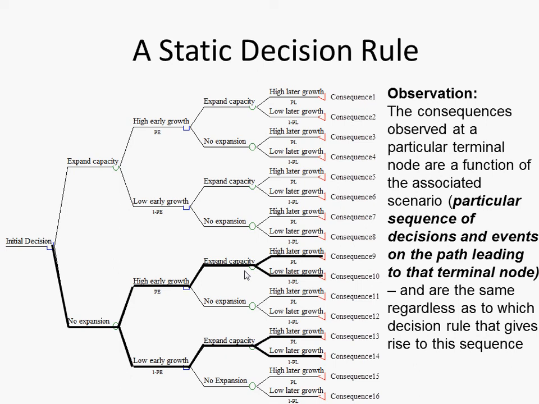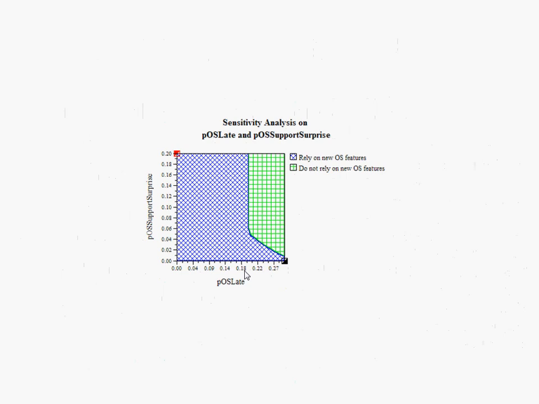And then you'll do a sensitivity analysis, I'll show you, which will examine, maybe I'll show it right now, if I assume this value for the probability of the OS being late, or this probability for a bug having crept through my testing, what does that tell me about what my choices should be at a certain decision point?